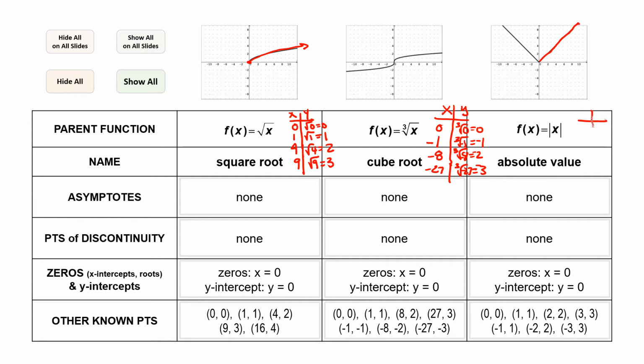Absolute value takes a non-negative form of your x value. Since 0 is neither positive or negative, it's just going to stay 0. On the other hand, if you plug in negative 1, the absolute value of negative 1 is 1, just as negative 2's absolute value is positive 2. And that's how we get the known points (-1, 1), (-2, 2), and (-3, 3).